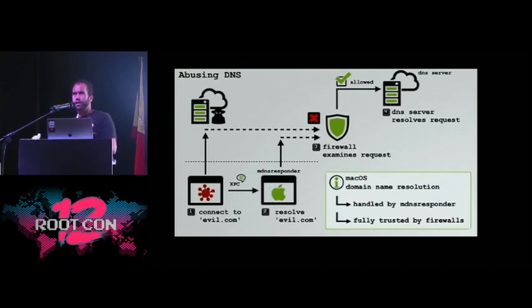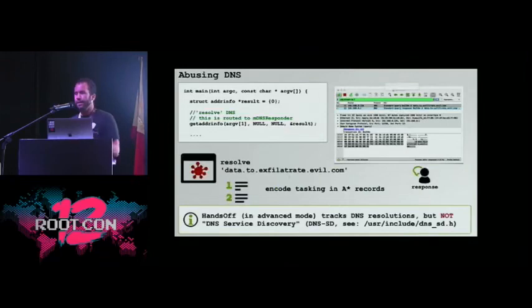Basically, locally, an XPC message is sent to the trusted system daemon, and then that daemon is what makes the actual DNS request to resolve the name. The firewall will see this request because it's monitoring all network traffic, but it's going to have to allow it through because it's coming from the trusted DNS daemon that is handling all DNS requests for the entire system.